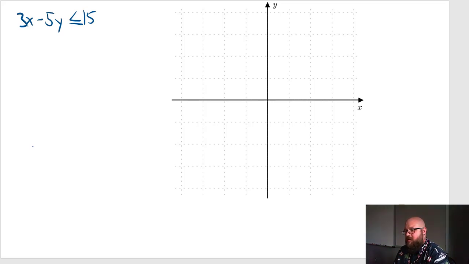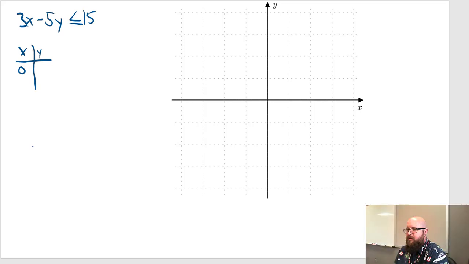So let's go ahead and make a little table here. Let's get a couple of points so we know how to graph this. We'll start out with our y-intercept, and we'll say our x is 0, because across this y-axis here, x has to equal 0.